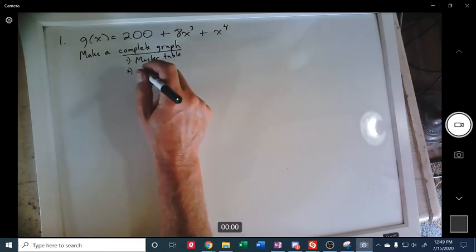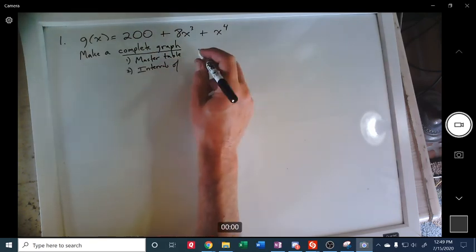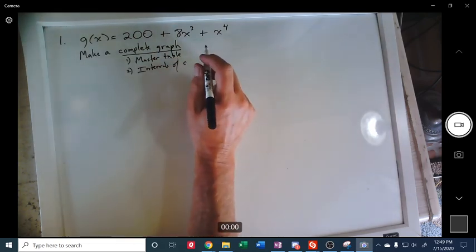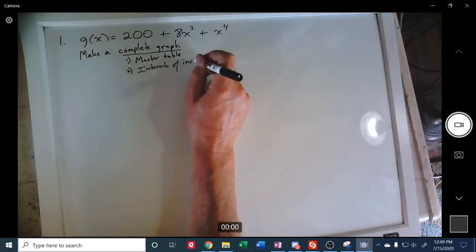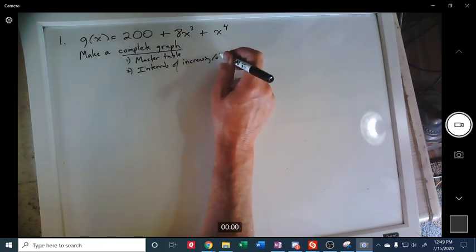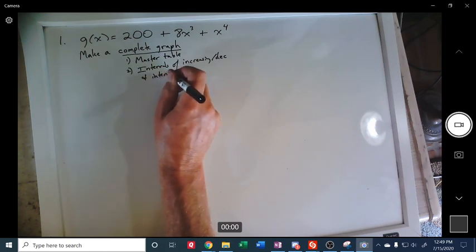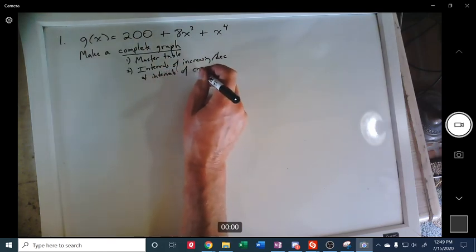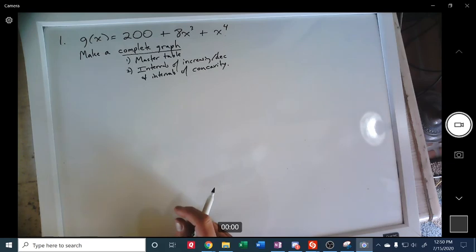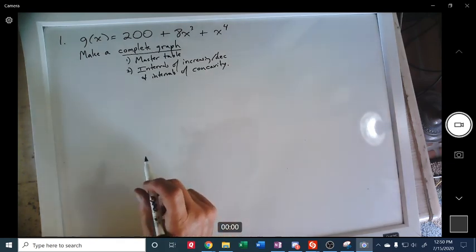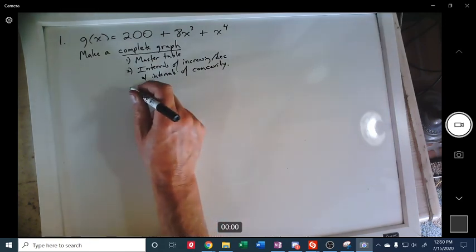You're going to need intervals of increasing, decreasing, and intervals of concavity, where it's concave up and concave down. And then you put these points together on a graph.